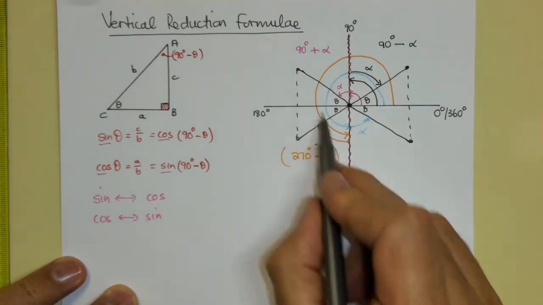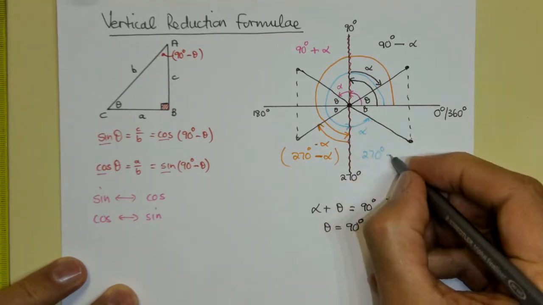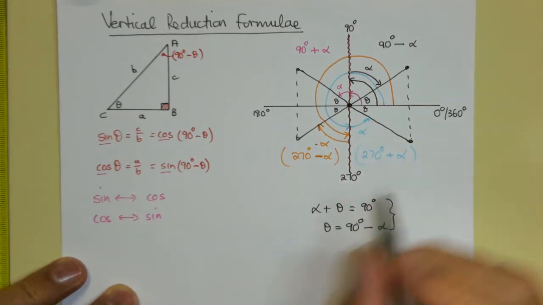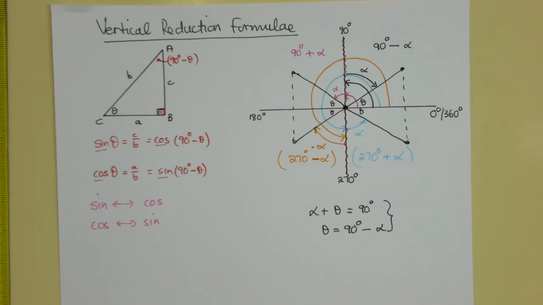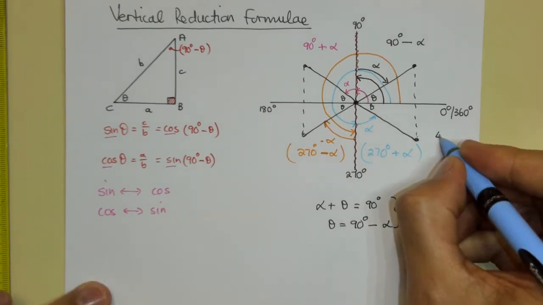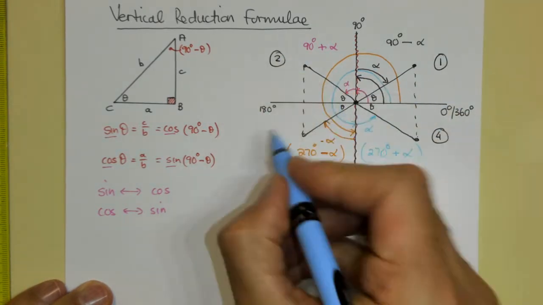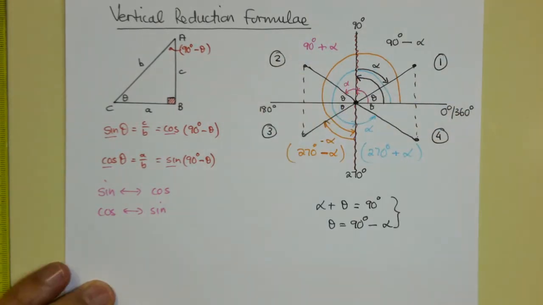So I've moved anti-clockwise 270 and I've moved a further alpha degrees in the same direction. Okay, now that is important, folks. So my fourth quadrant lies here, my first quadrant here, my second here, and my third quadrant lies over there.